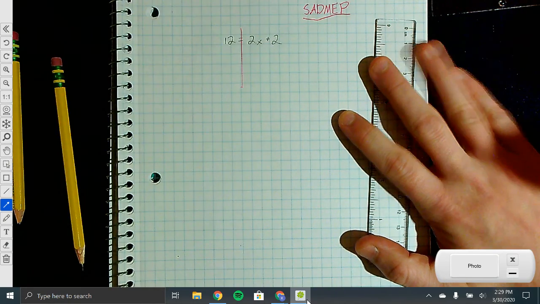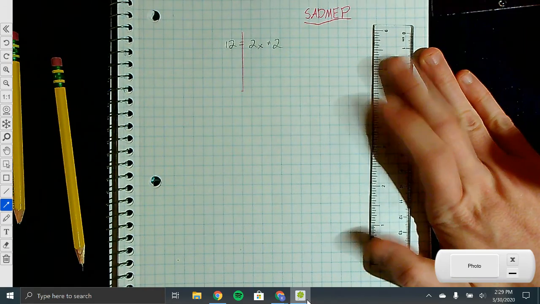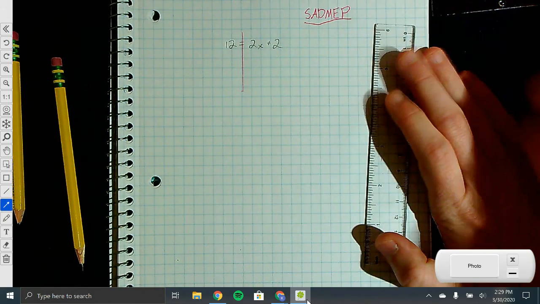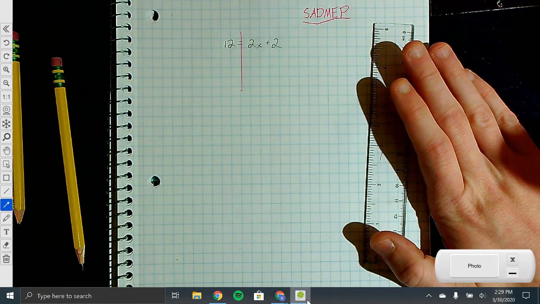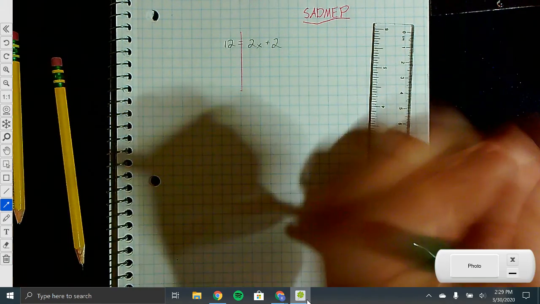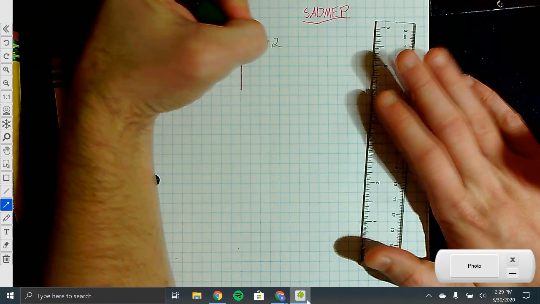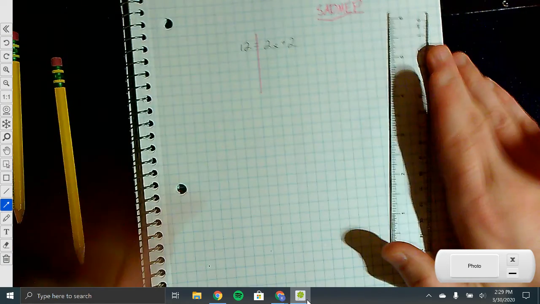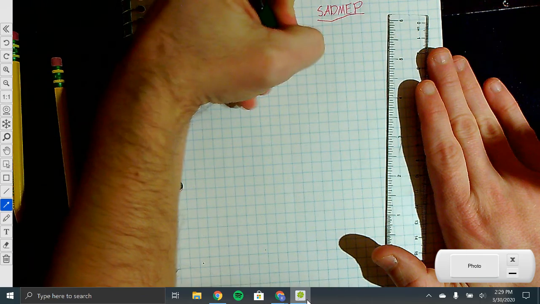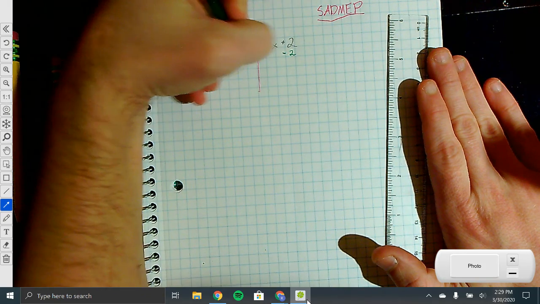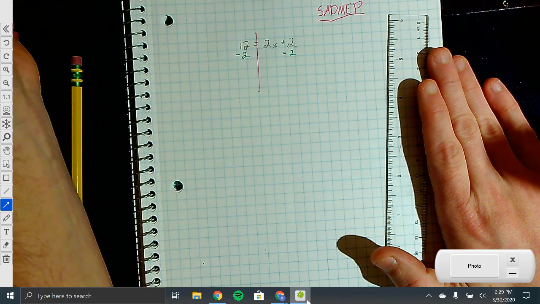So we may want to think of something like SADMEP instead of PEMDAS. What you want to think to yourself is, how do we get rid of whatever's on the same side of the variable so it's on its own? In this case, instead of adding 2, we would need to subtract 2 from each side of the equation.